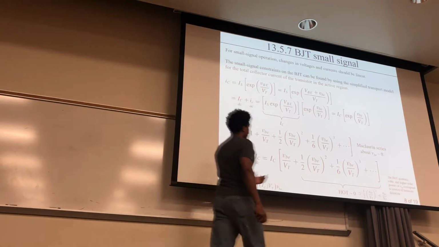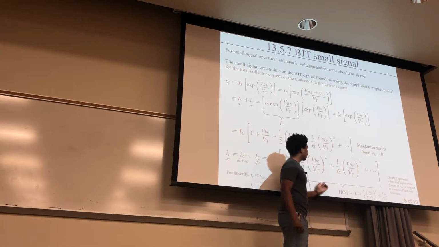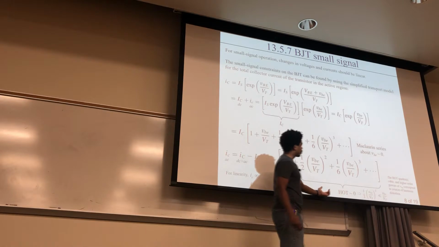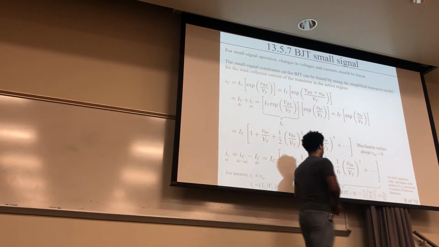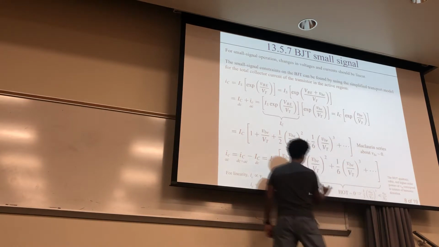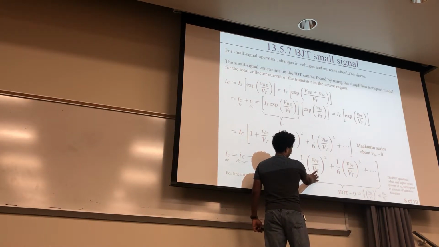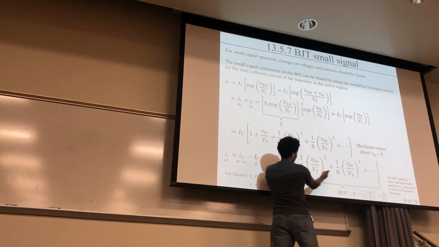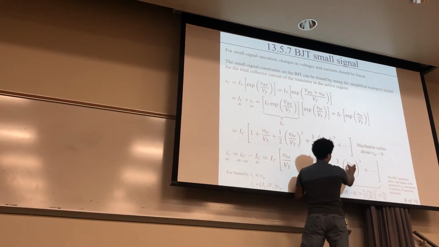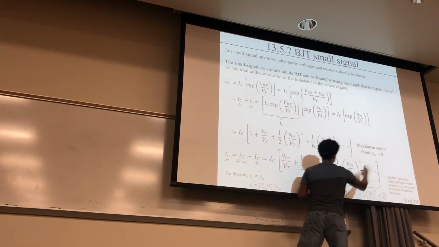And then these higher order terms. The constraint on these higher order terms, if you want to neglect them, is that you assume this first higher order term, out of all of them, is the largest. It just gets smaller and smaller because it's cubed, then the fourth power, fifth power.